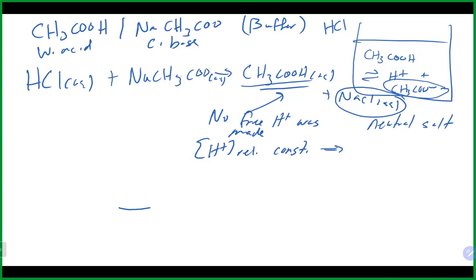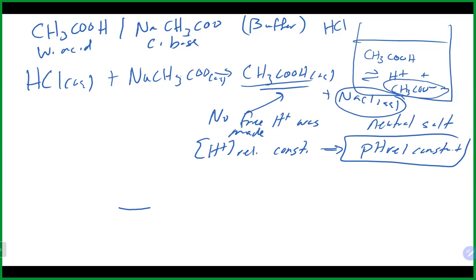And because the H plus concentration stays relatively constant, the pH will stay relatively constant as well. I say relatively constant because if you had a pH meter in that solution, you would see it go down a little bit. So maybe it starts at 7 and goes down to maybe like 6.9 or something like that, but it will not be a giant jump downward because we didn't produce a lot of H plus in this type of reaction.